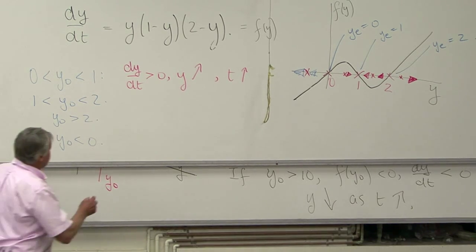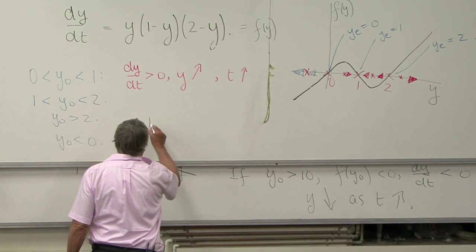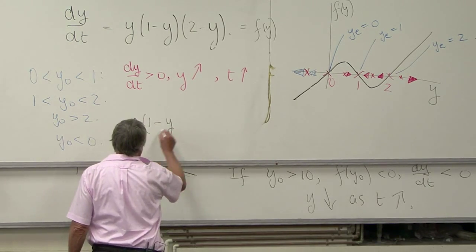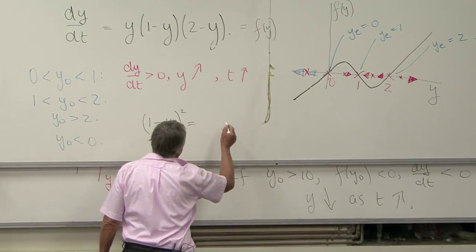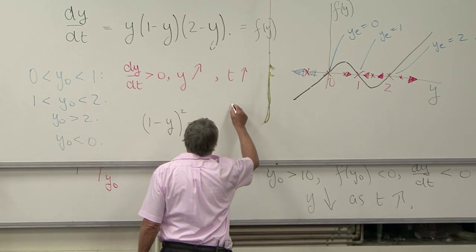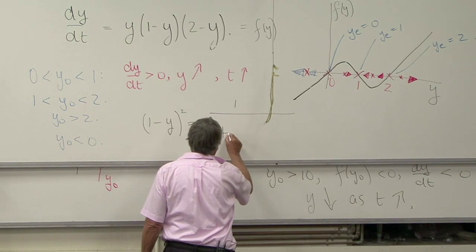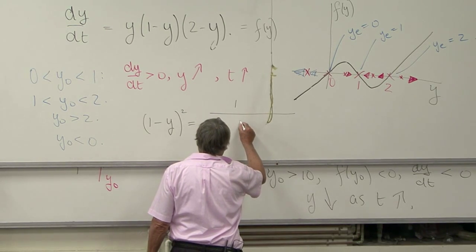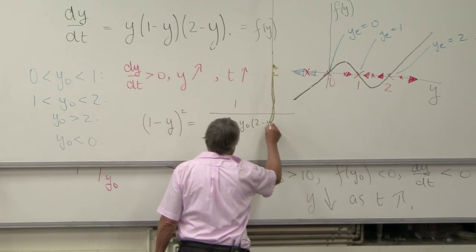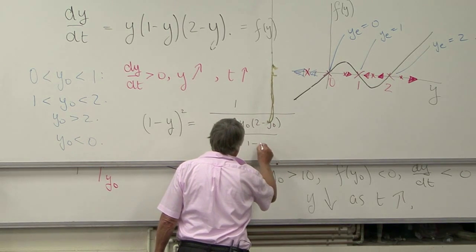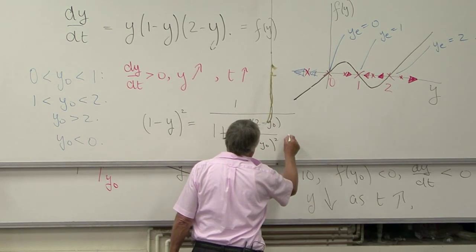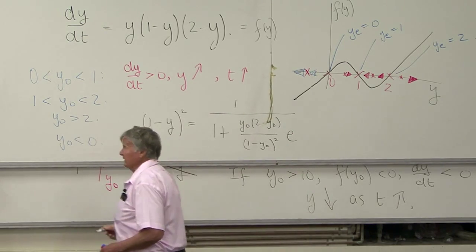The solution is (1 minus y) squared is 1 over 1 plus, I think it's, y0 times (2 minus y0) over (1 minus y0) squared, e to the 2t, I think it is.